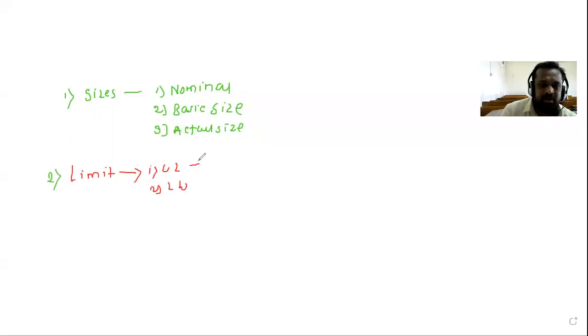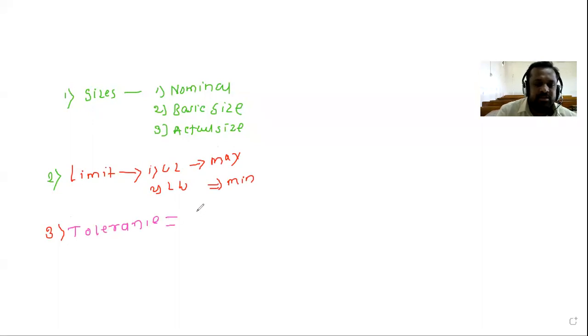Upper limit means the maximum permissible size, and lower limit is the minimum permissible size. Then the next point, tolerance. What is meant by tolerance? It is the difference between upper limit and lower limit: upper limit minus lower limit.